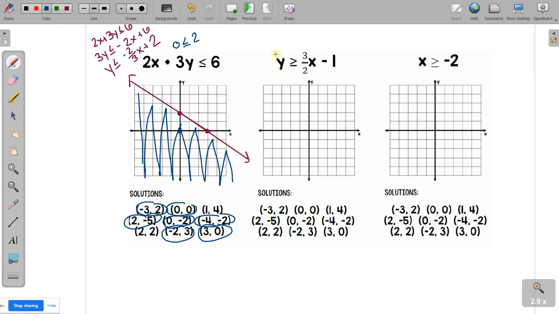The next one here, let's graph it. The y-intercept is -1, the slope is 3/2, so up 3, to the right 2. Draw your line.